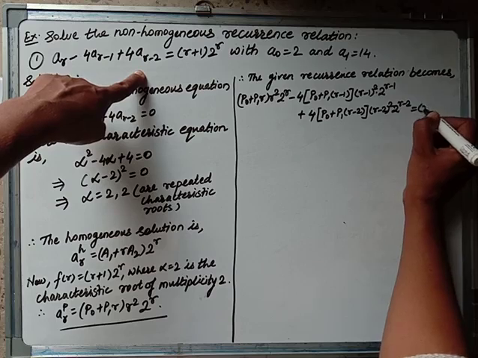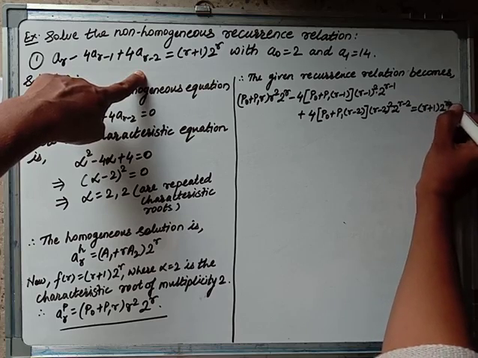And that is equal to (r plus 1) into 2 raised to r, which is f of r.